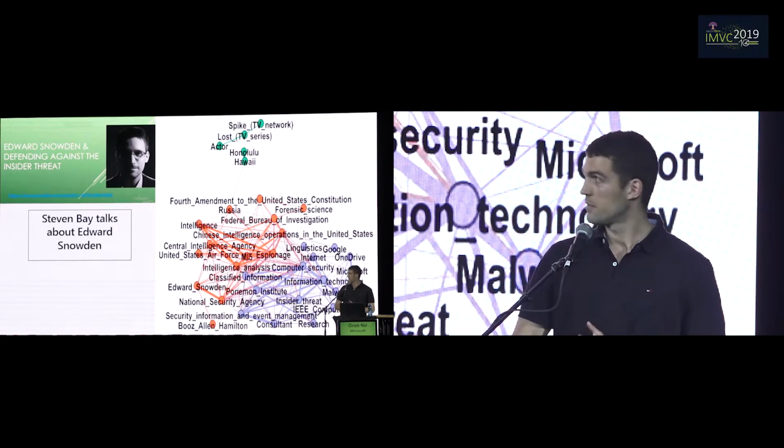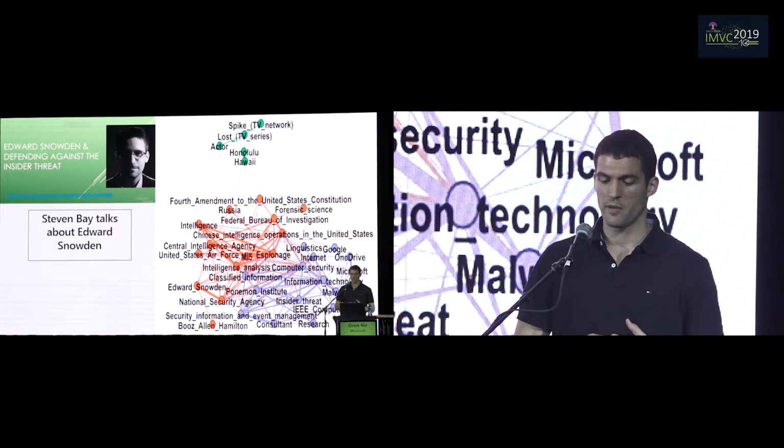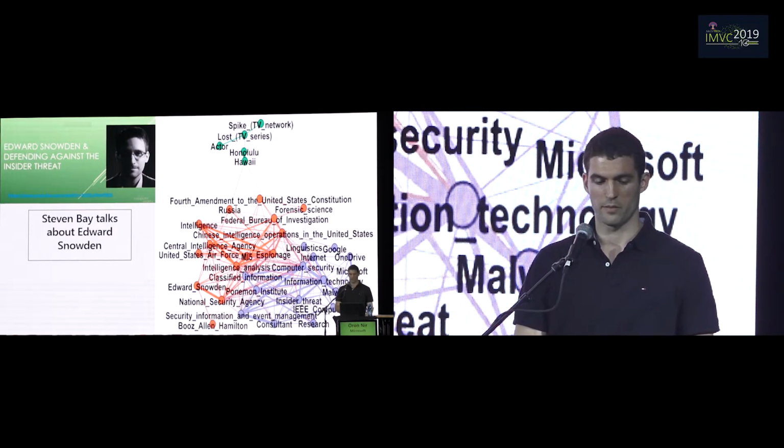And so in this particular graph, you can see that we have a purple cluster talking about tech and cyber with items like malware, information technology. The orange cluster talks more about military intelligence like FBI, CIA, NSA, and different intelligence organizations. And the green cluster is simply irrelevant, with Lost TV series as another false positive that got in here.